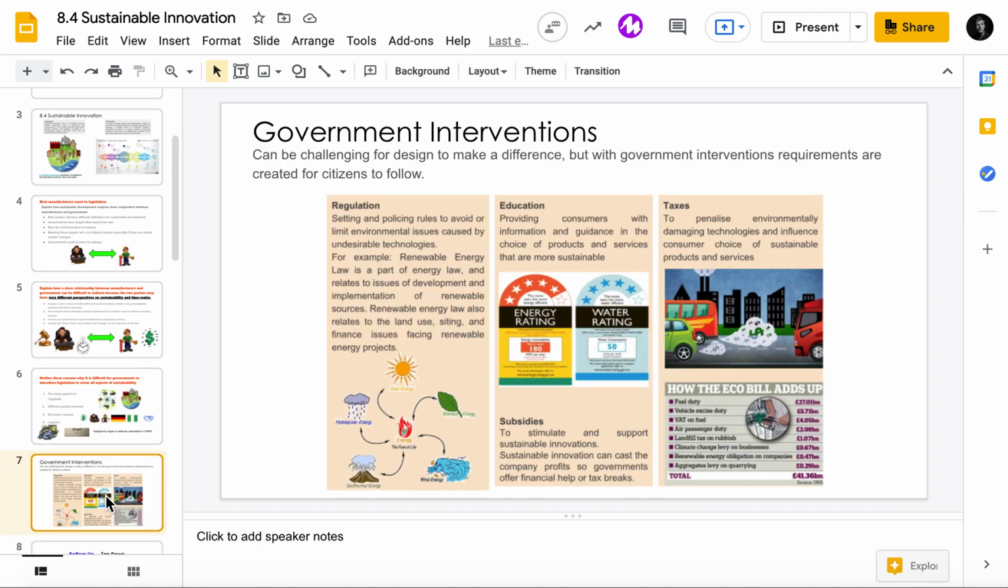Okay. However, what the government can do is have specific types of interventions. So one, they can use regulations, and because they have these laws and regulations and legislations, the companies have to do particular things. So sometimes it is difficult for designers to make these changes, but governments put on these requirements, which can force companies to make changes.